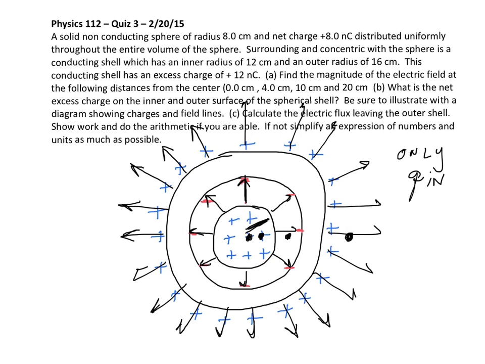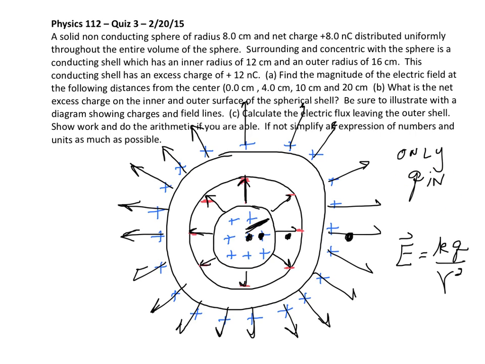And the field at each of those points, you can use simply the equation for the electric field due to a point charge to calculate this, where r is going to be the distance to the center and q is going to be the q inside the sphere that goes through the point that you're calculating.